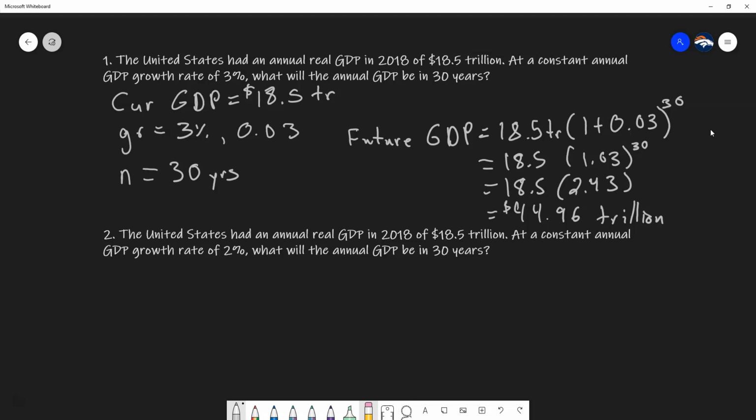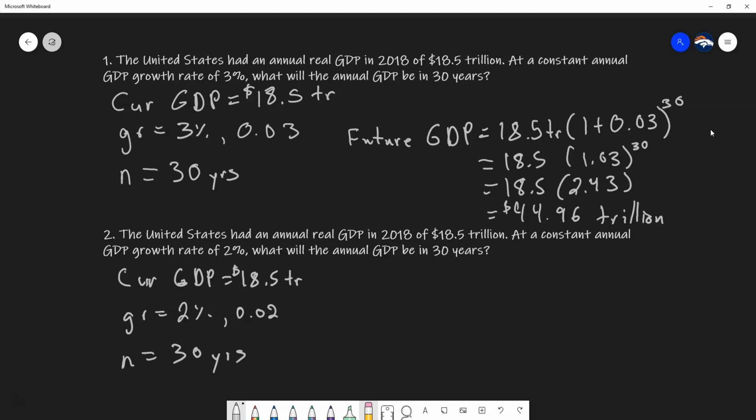So the same thing, except this time, current GDP is the same, 18.5 trillion. Our growth rate this time is 2%, so 2% or 0.02 in decimal form. The number of years is the same thing. We want to compare it over the same amount of time, 30 years.